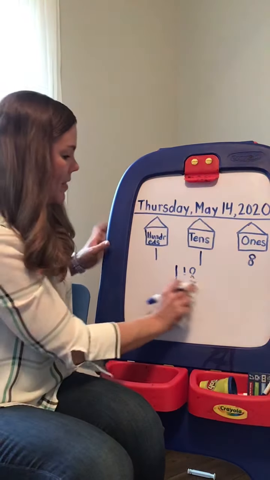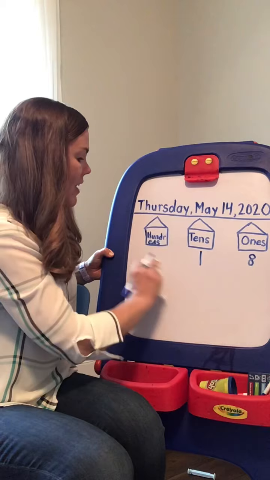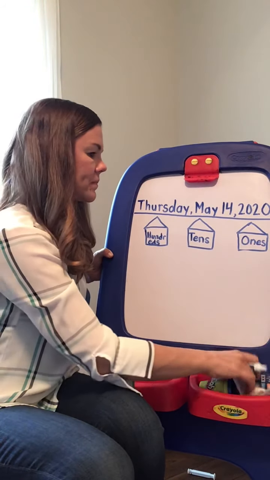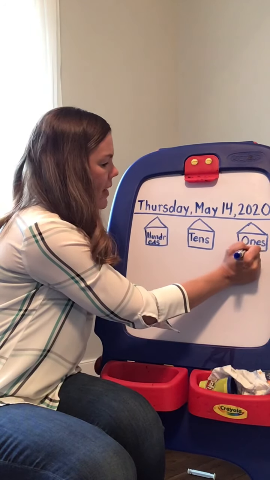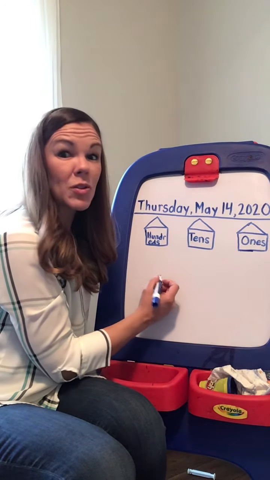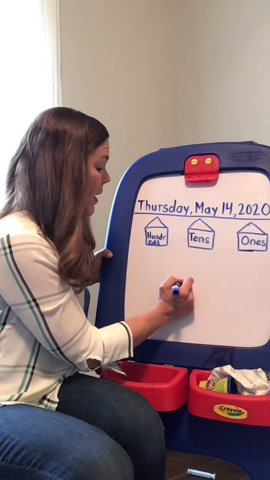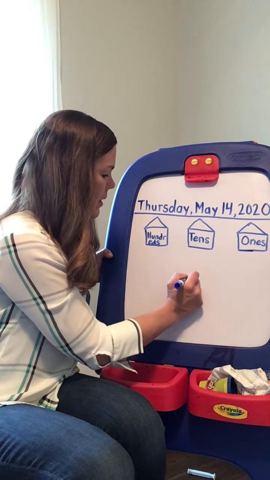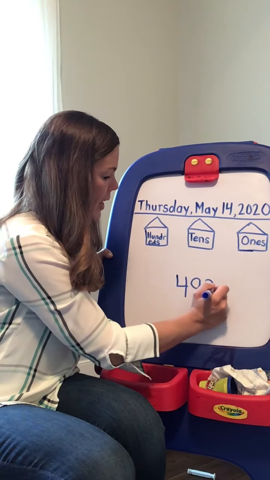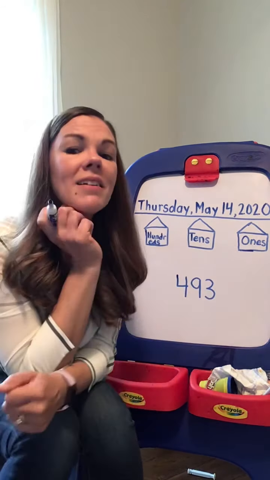Okay? Let's do one more together and then you guys will have some practice with this. All right, so let's say I have the number, pick a really big number, okay, because you guys are so smart. All right, let's pick 493. Okay, are you ready?